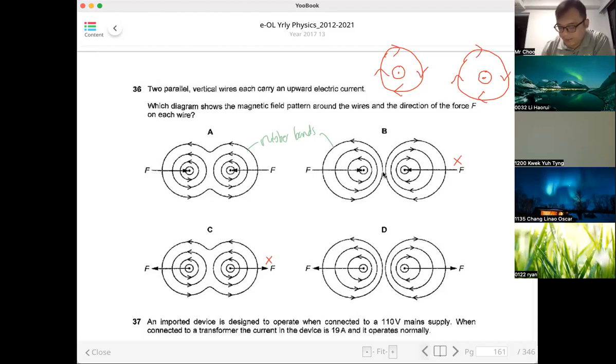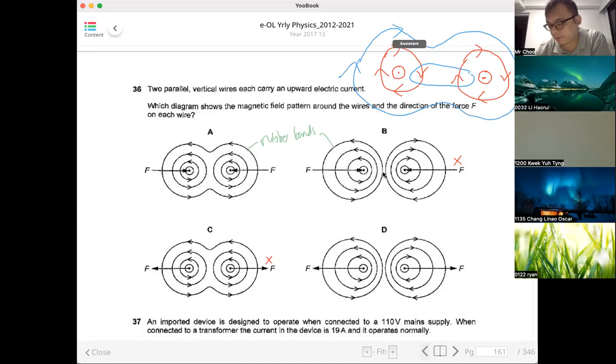In between, you see they cancel each other out, so there will be fewer lines in between. So your final answer will be like this. Is that clear? So the answer will be A. Understand now, Beikwan? Okay, let's do the next question.